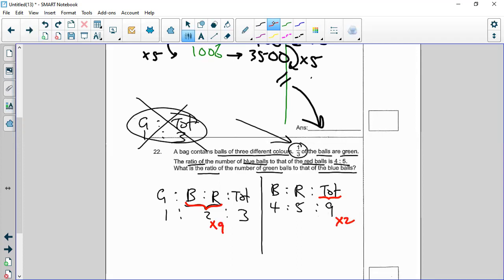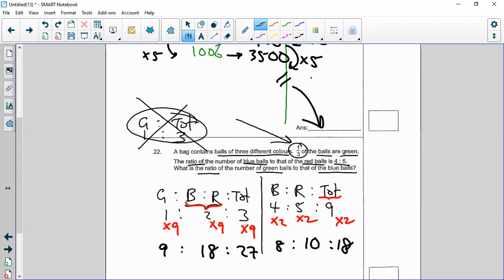Make them equal. So you times 9 for this ratio, and then you times 2, and you times 2. So what do you get? You have 9 is to 18 is to 27, and 8 is to 10 is to 18. Once you make the blue and the red the same, you can call them units. Understand?